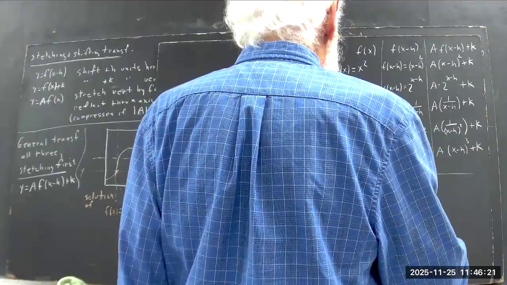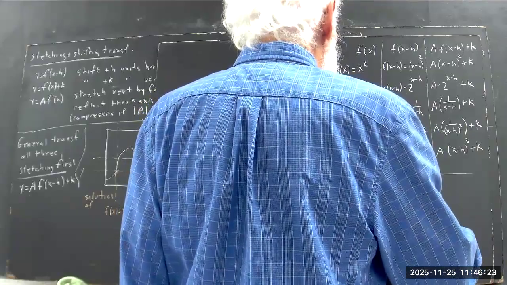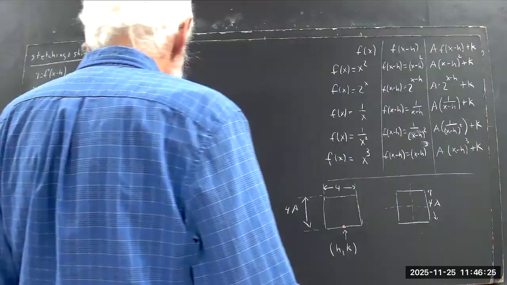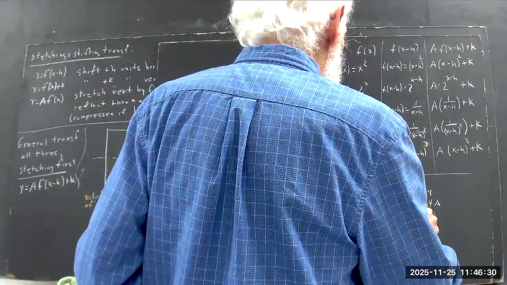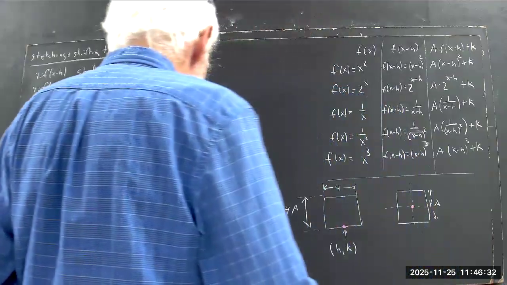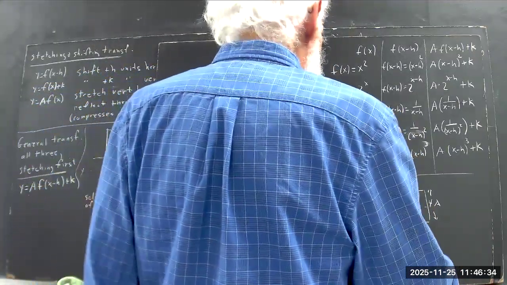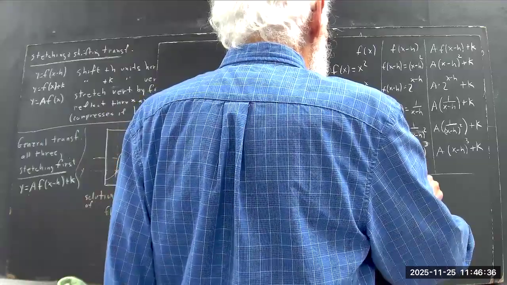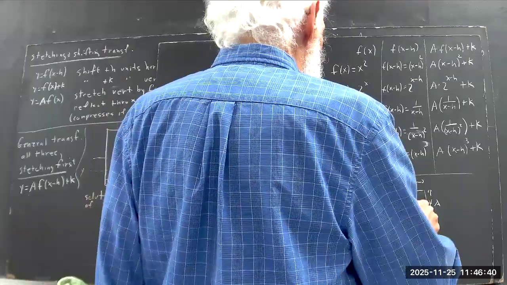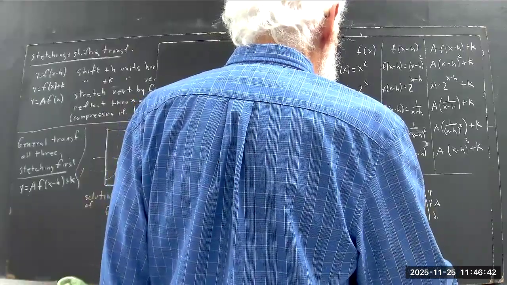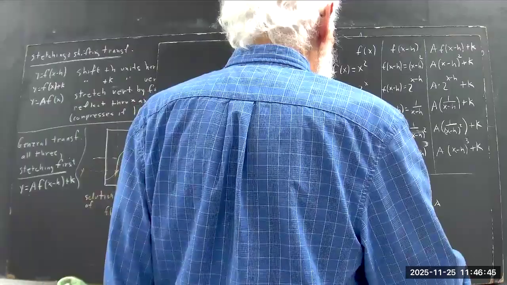If we've graphed the reciprocal function, then the dimensions of the rectangle are as before, and the red dot is at (h, k).